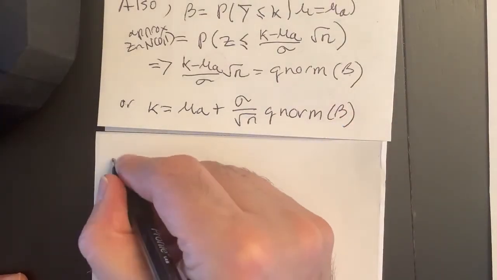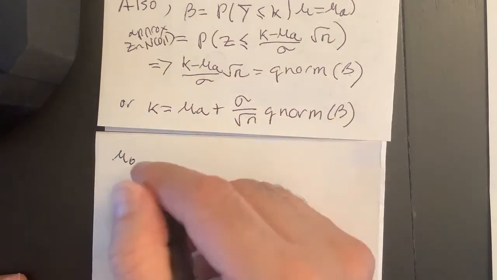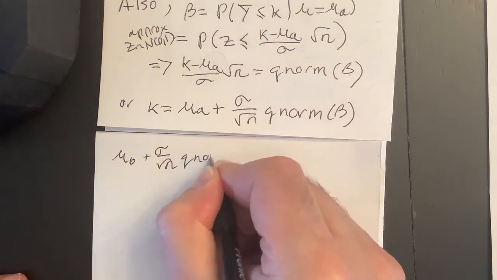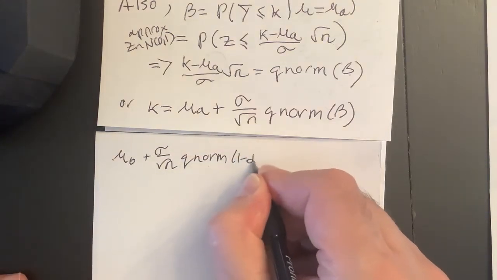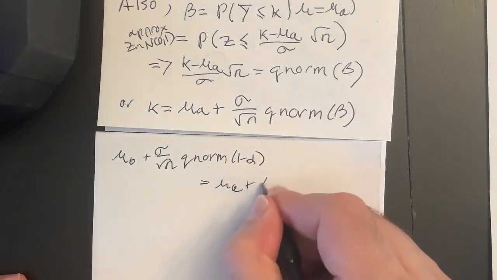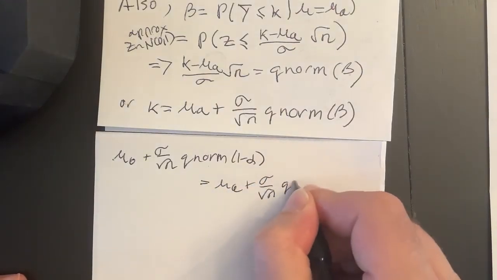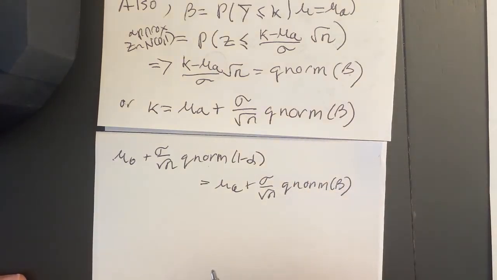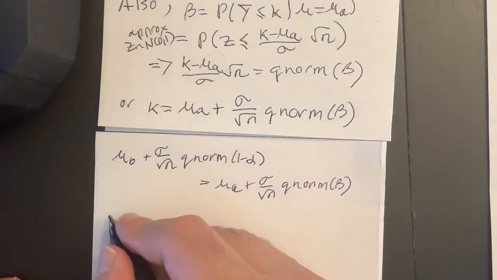So let's see, I have mu 0 plus ... is equal to mu A. Let's clean it up, bring mu A to one side, subtract.